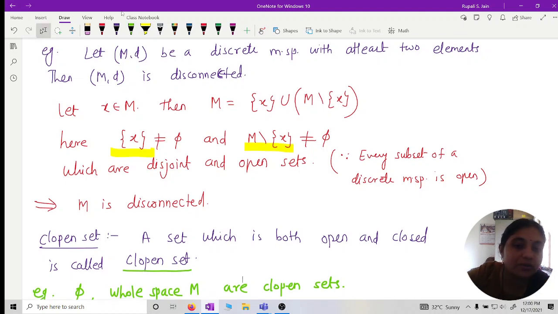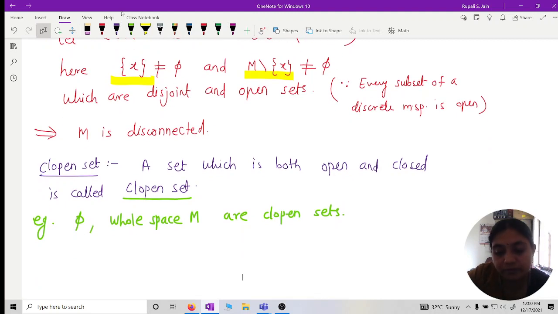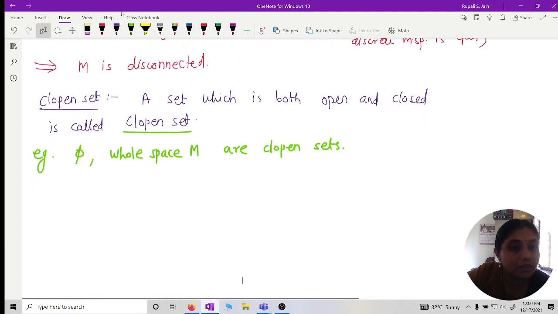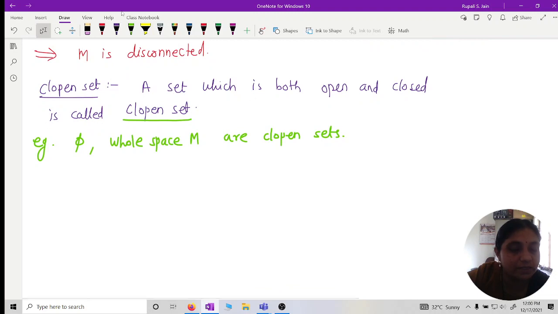So it depends on the space. If it is R with the usual metric, then a singleton set is not open. Singleton sets are closed, so they are not clopen sets in R with the usual metric. If it is R with the discrete metric, then it is clopen.